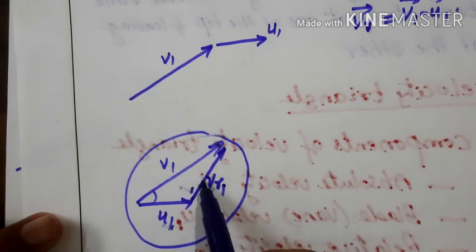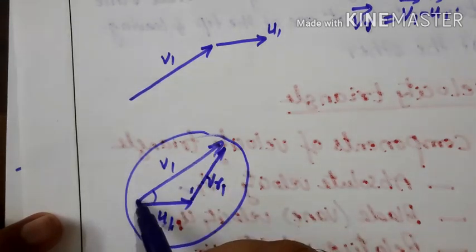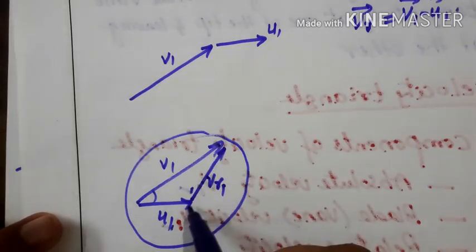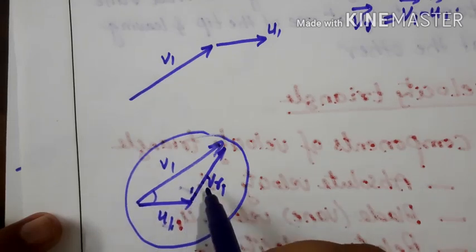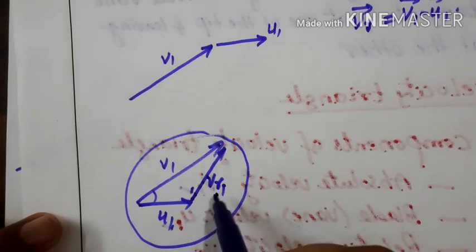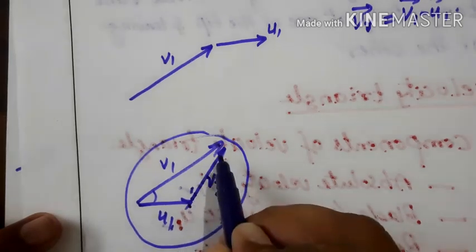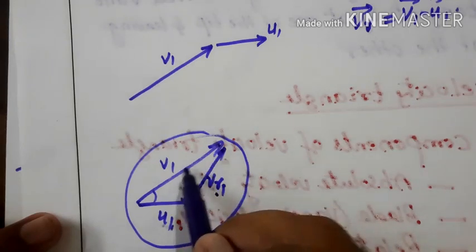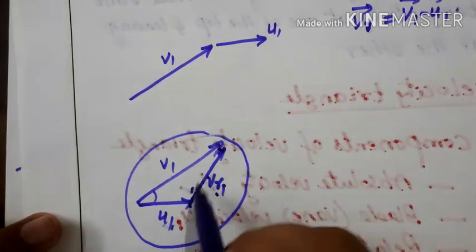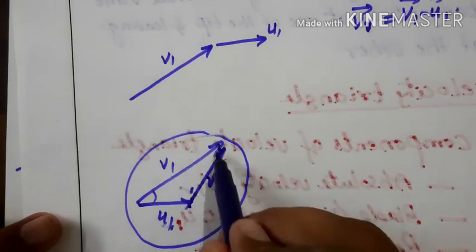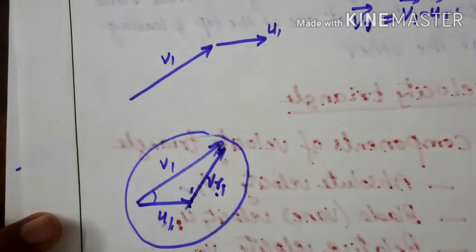So this is called a resultant, that is, this is joined by the head of, that is, the tail of the relative velocity is joined with the head of the absolute velocity. Okay, this represents the relative velocity and this entire triangle is what we call a velocity triangle.